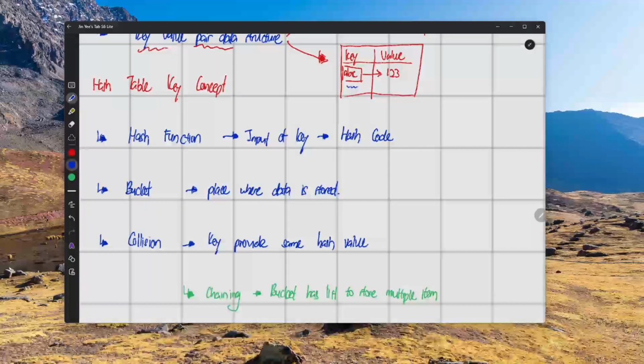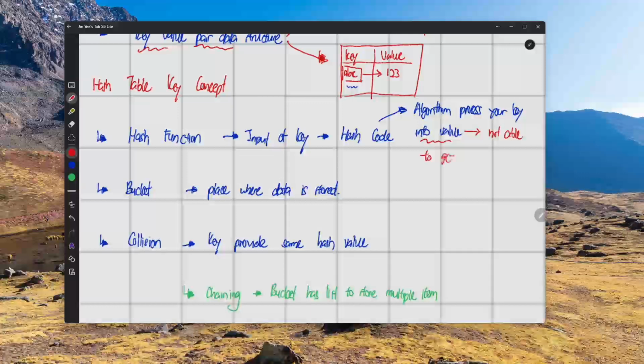The hash function has an algorithm to process your key into a value. This value is not able to get back its original value.